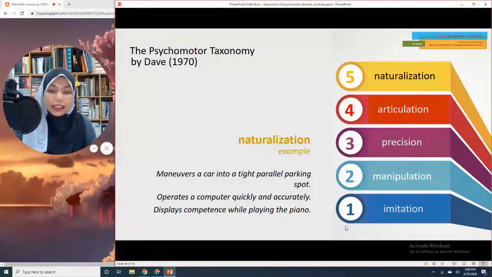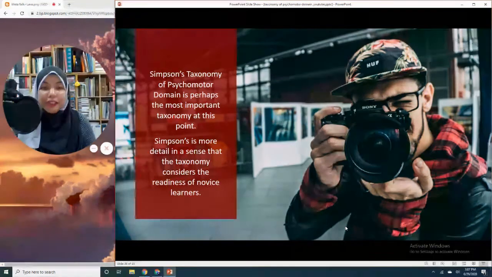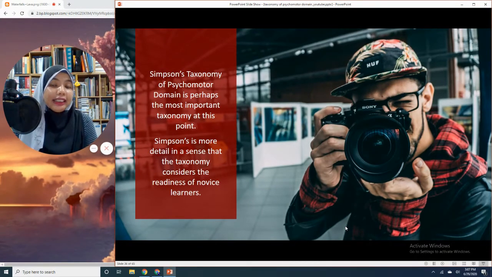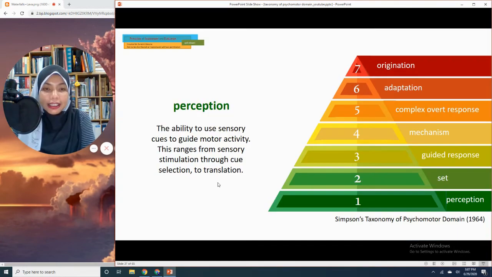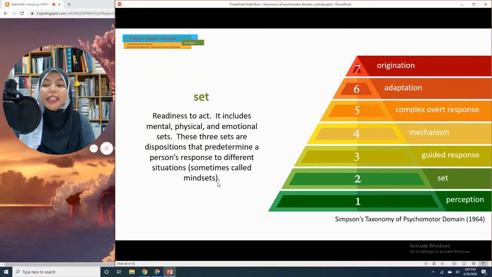Now, the difference between Dave's and Simpson's is that Simpson's does take into consideration the learning challenges of novice learners, learners who have no idea, no familiarity with the skills that they are learning. It begins with perception and then set, right? Before it moves into the third stage.